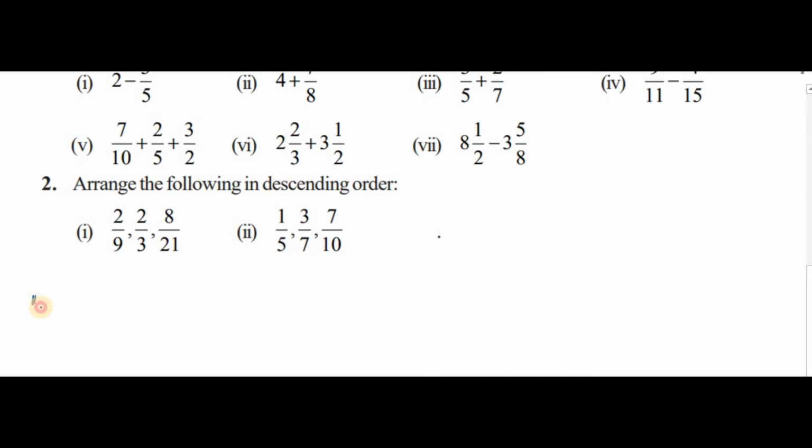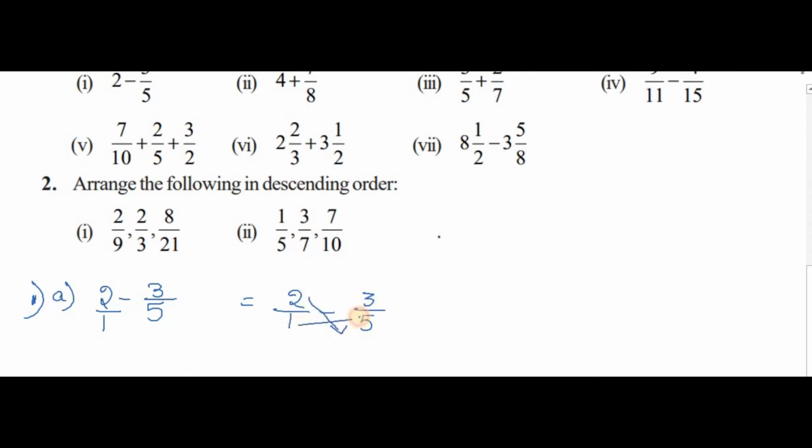Okay, here it is, A1: 2 minus 3 by 5. And whenever we don't have any denominator, we can simply take the denominator to be 1. So this one can be written as 2 by 1 minus 3 by 5.